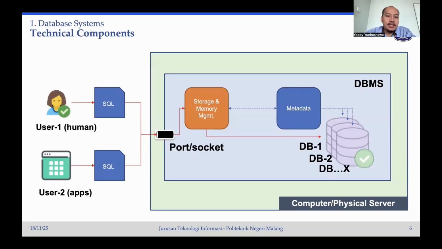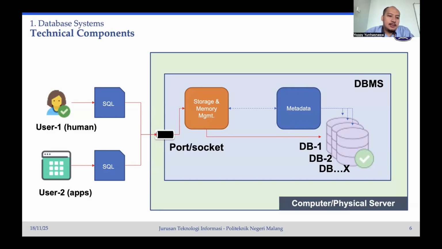Okay, so actually there are two types of users of database management systems, right? The first type is the real human. It is usually a database administrator or system administrator or maybe a programmer. And the second one is the application. So the application is a type of user that can work with database management systems, right?